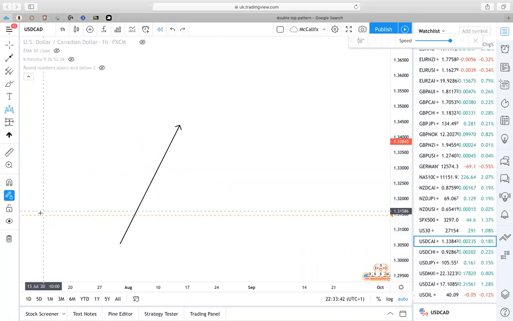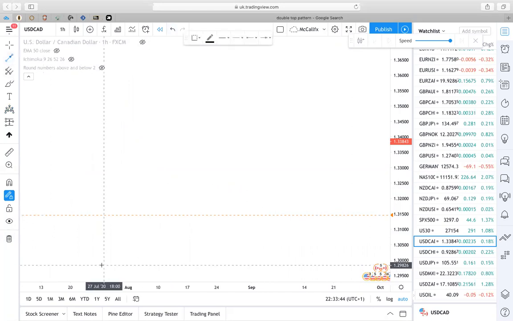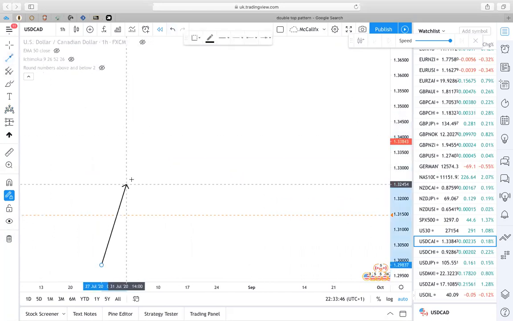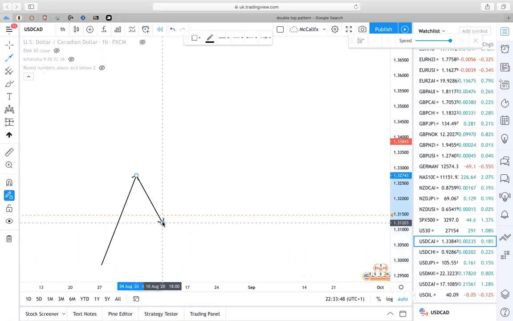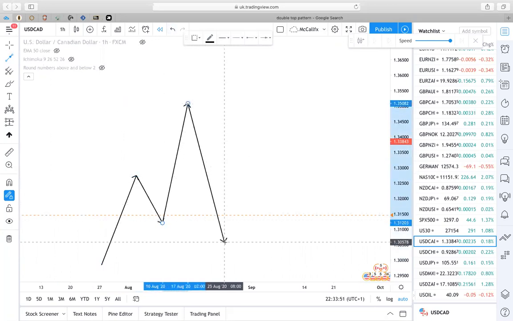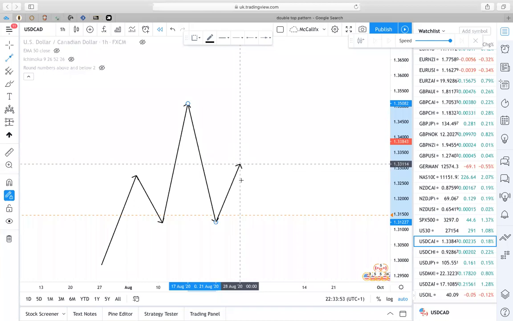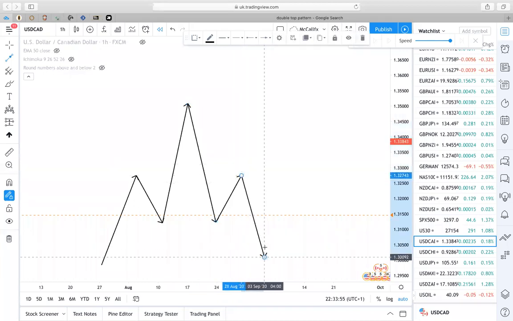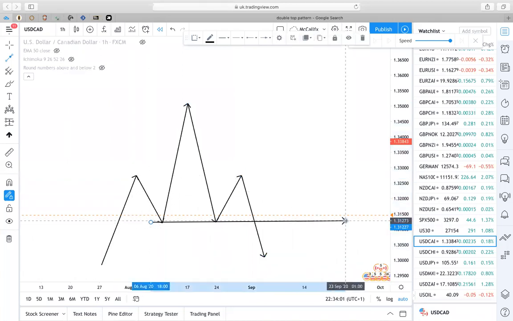So anytime market goes up like this, comes down, goes back up, comes down, goes back up, and comes down, this is showing you an indication of a reversal. So you're going to have this line as your support.